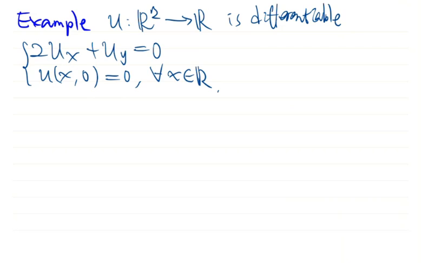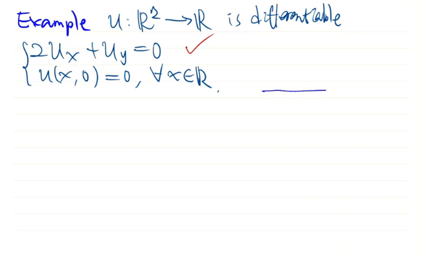The first condition is an equality involving the derivatives of u. If you consider u as an unknown function, this is a differential equation about u. Because u is multivariable, this is in fact a partial differential equation. The second condition means that the value of u on the x-axis is 0.